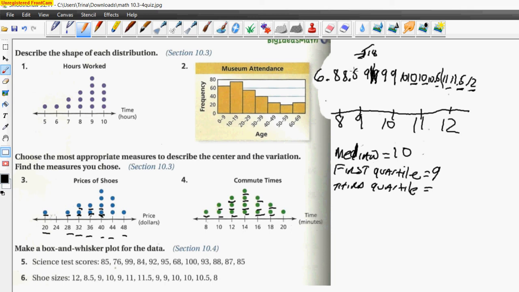It's going to be between the 10.5 and the 11. If we added those together and then divided by 2, we would come up with what? A fantastic number. The number that we would have for our third and final quartile would be 10.75. You get that? 10.75 is our third quartile. All right? Very, very important. So, let's draw it. Excellent.